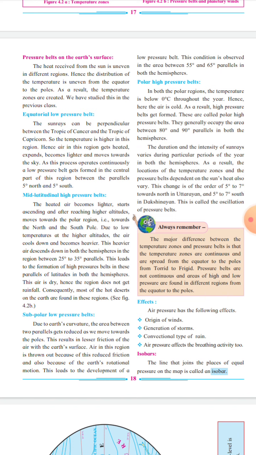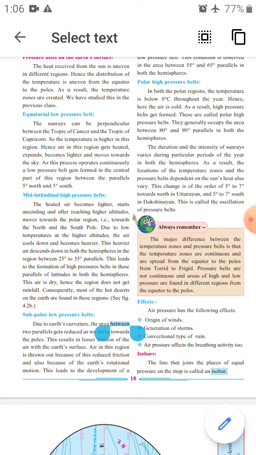And due to low temperature at the higher altitudes, the air cools down and becomes heavier, and this heavier air descends down in both the hemispheres in the region between 25 degree to 35 degree parallels, and this leads to the formation of high pressure belts in these parallels of latitudes in both hemispheres.